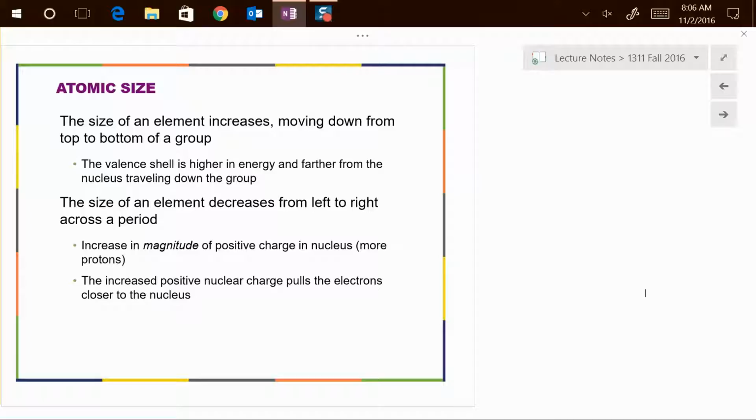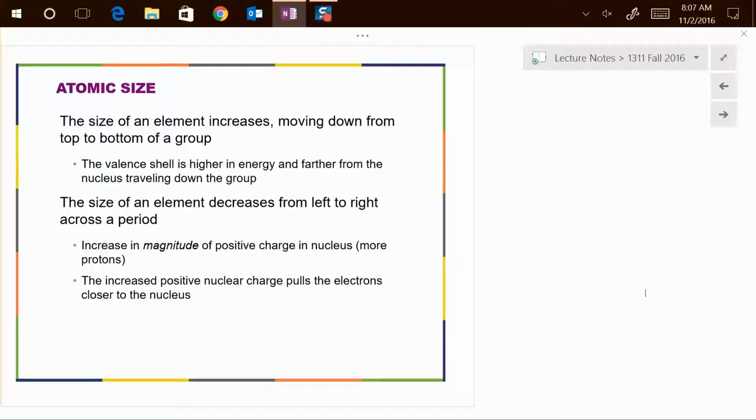Right? Okay. So the thing about atomic size that you have to remember is it's counterintuitive. Lithium is bigger than fluorine. Fluorine is one of the smallest elements besides neon, helium, and hydrogen, which we're not really going to talk about too much because we already know that hydrogen and helium are super small.